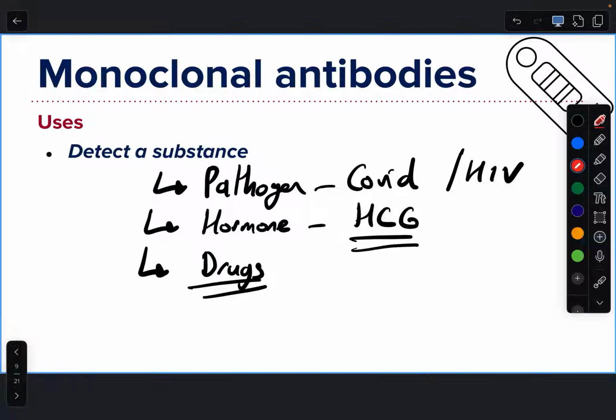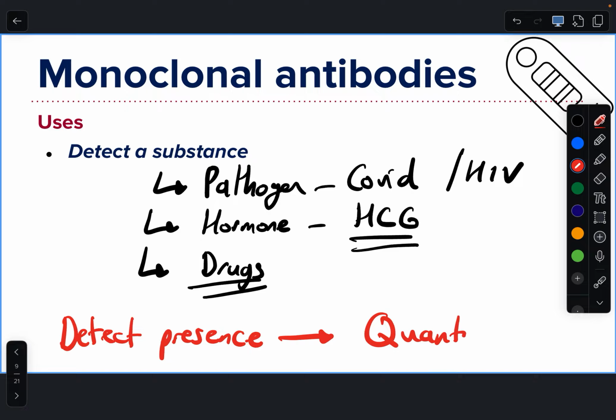Monoclonal antibodies have got excellent now. Not only do they detect whether it is present, they can also now tell you the quantity. So as well as just telling you if it's there or not, they can now tell you how much of it's there. So all of us in our body would have testosterone.